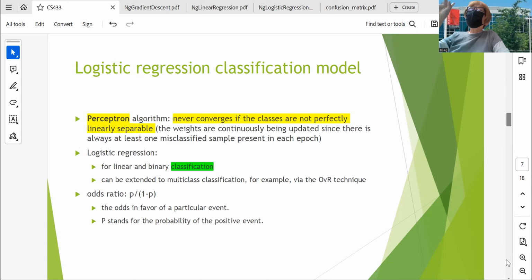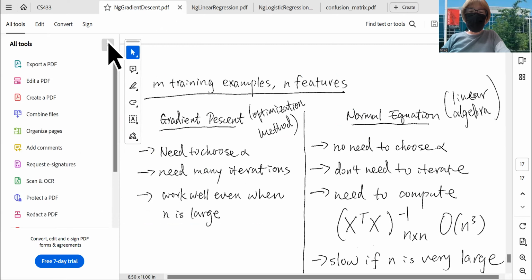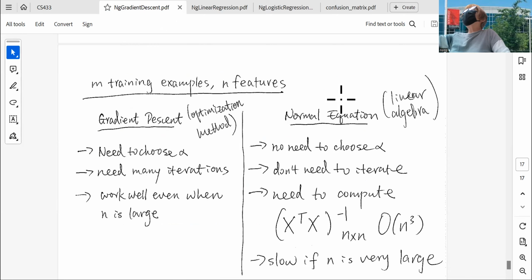So today we will learn a new classification algorithm called logistic regression, and there is another concept called linear regression. First, let's take a quick look at gradient descent. You remember last class we learned the concept of gradient descent.